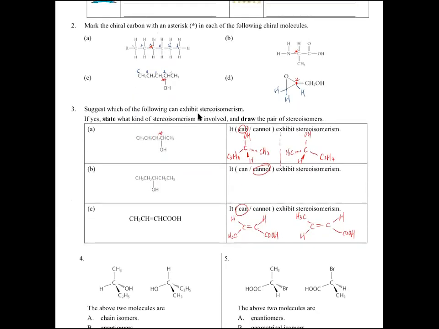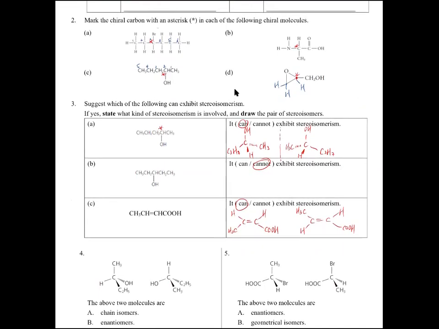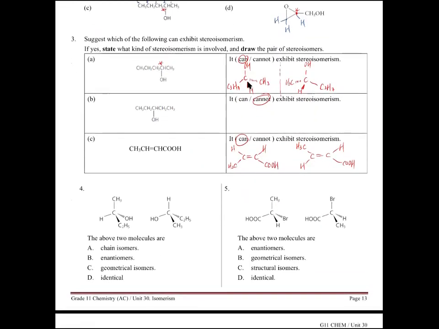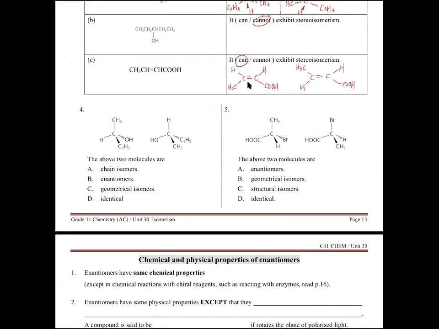Okay, and last time we went through some questions together, and I left 2 questions with you. Today I'm going to teach you how to draw enantiomers and also how to work out whether the 2 molecules are identical or they are enantiomers. Now take a look at question 4.